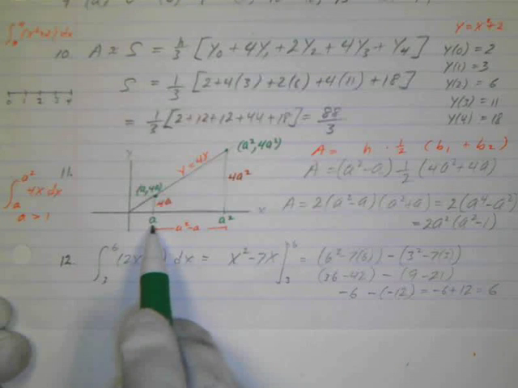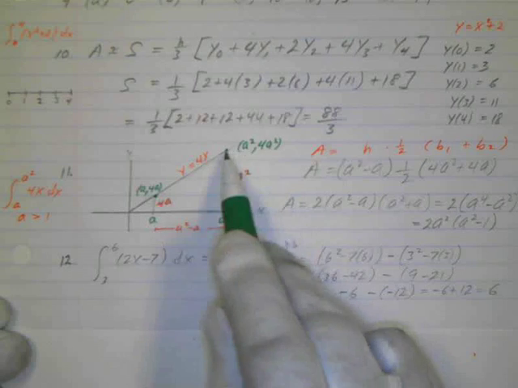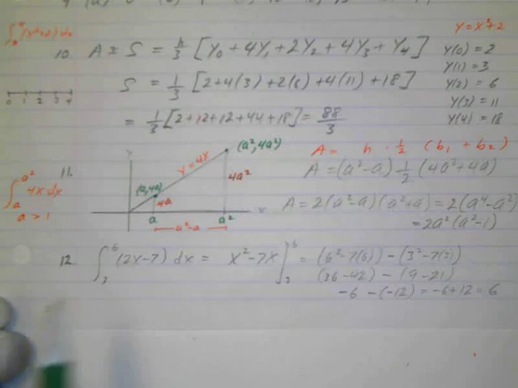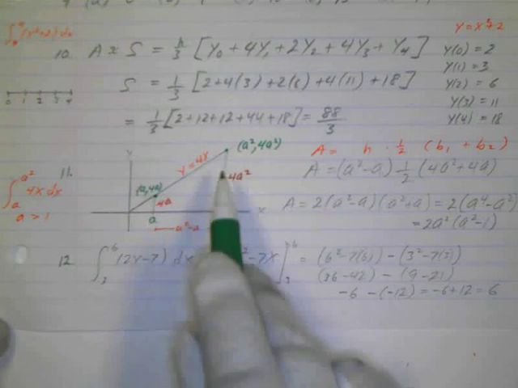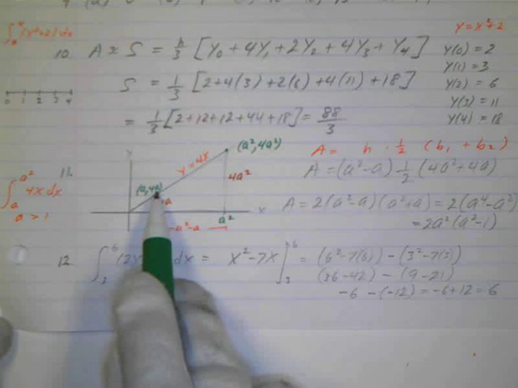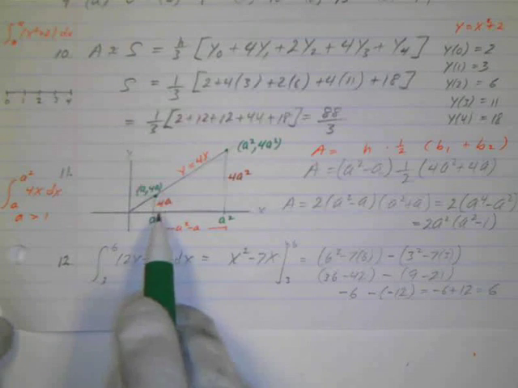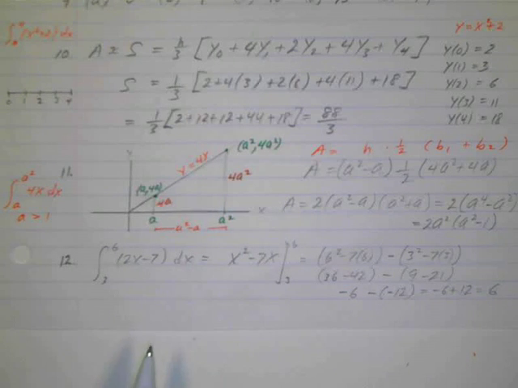Okay, so if this is a, the coordinate of the point will be a, 4a. If this is a squared, the coordinate of this point will be a squared, 4a squared. Now the y coordinate is actually giving me the height of this segment, or the length of the segment. So the y coordinate here is 4a, so the length of the segment is 4a. The length of this segment is 4a squared, since the y coordinate is 4a squared.